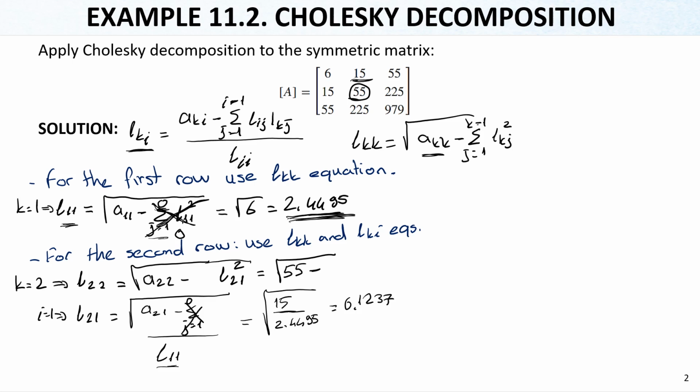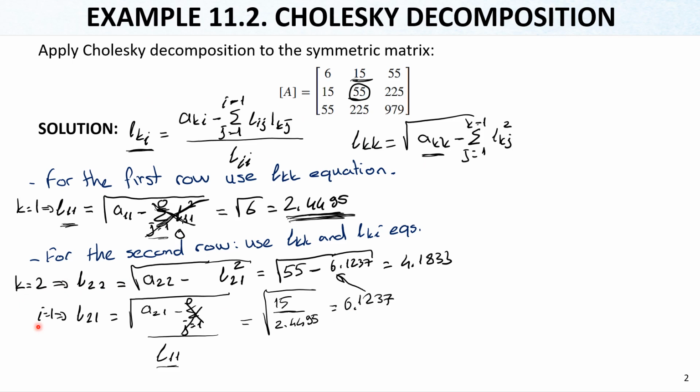So then we will use this here, 6.1237. Then L22 becomes 4.1833. So maybe it's better to use this before finding this, then use this L22. First use this, then use this in the second row. So we obtain this as well.